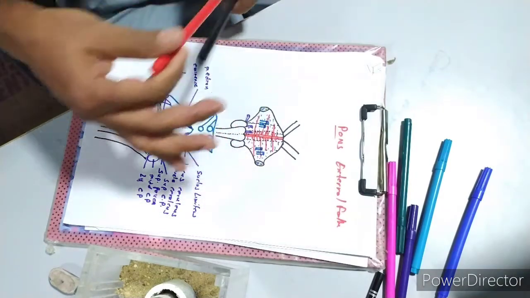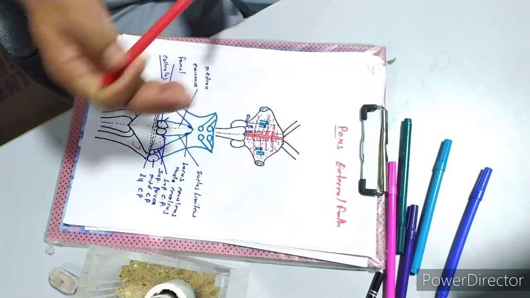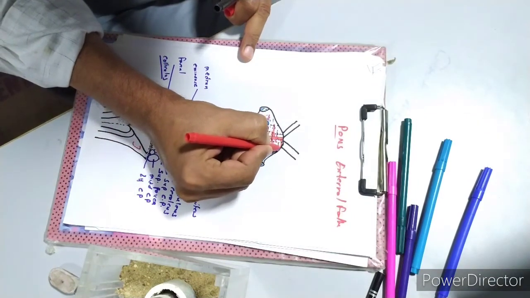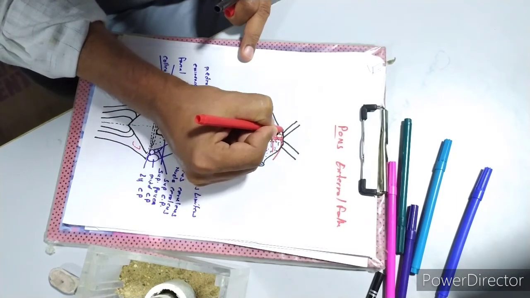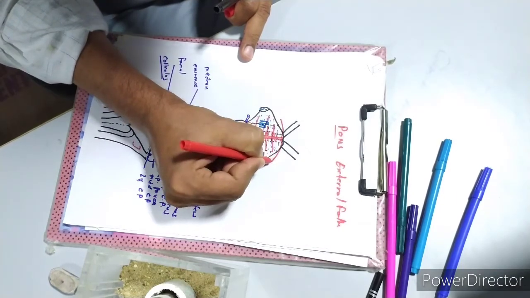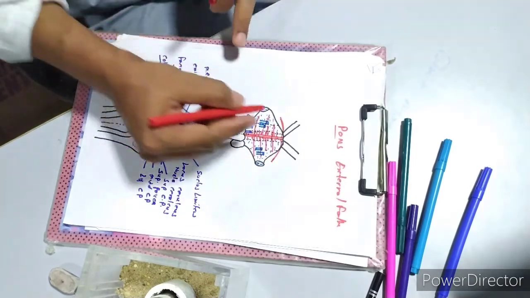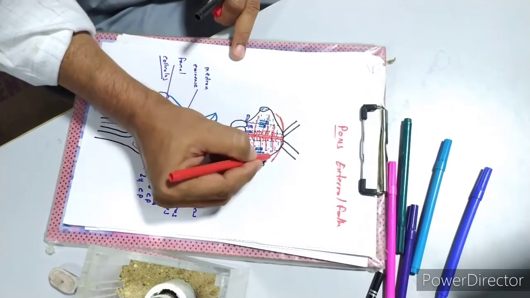The most posterior part is supplied by the superior cerebellar artery. The superior cerebellar artery comes like this and supplies the most posterior part.